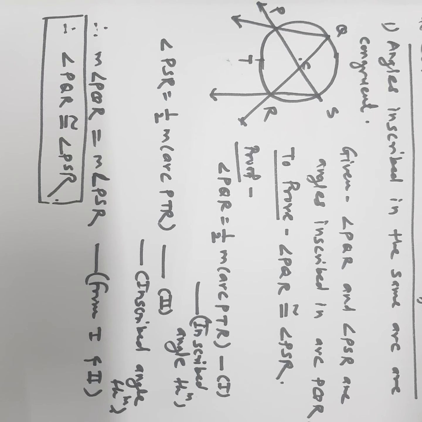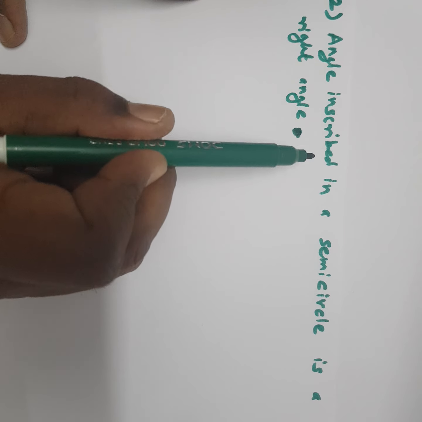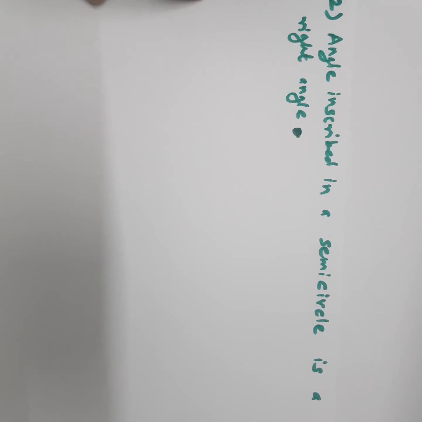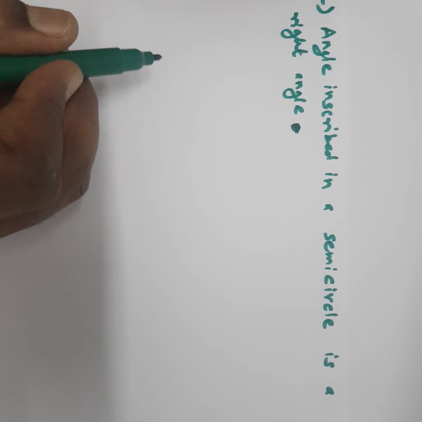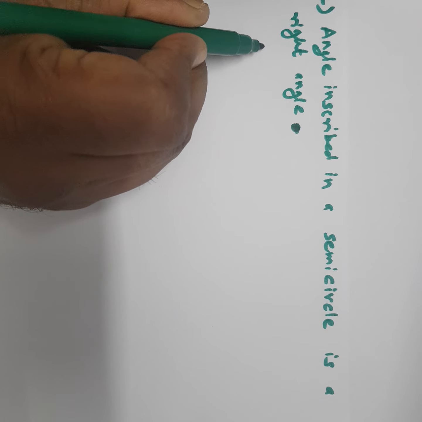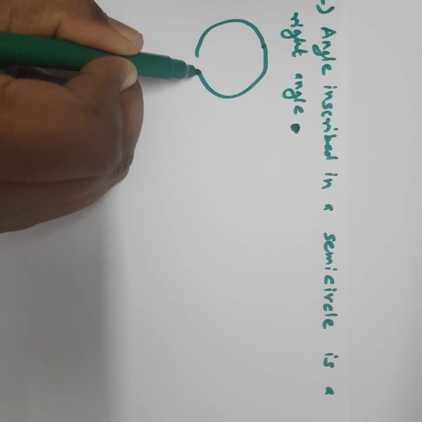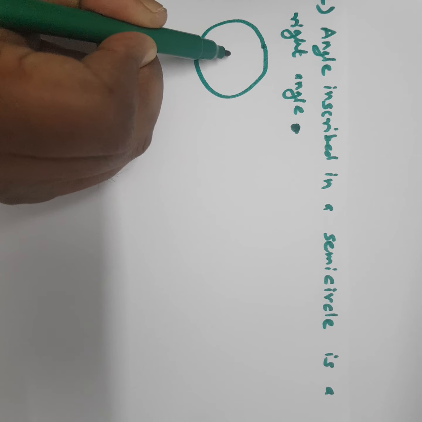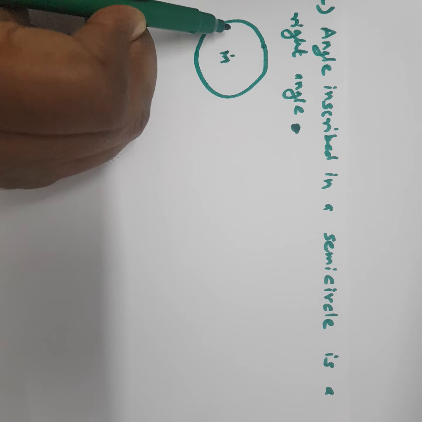Now we will see the second corollary. The second corollary is: an angle inscribed in a semicircle is a right angle. We will draw the figure for this theorem. Let M be the center of the circle.